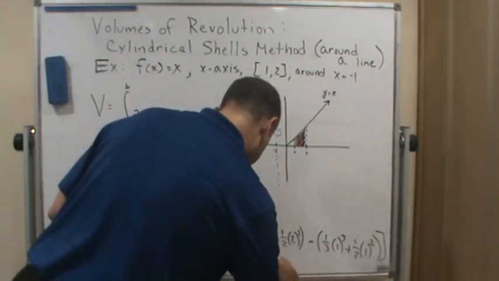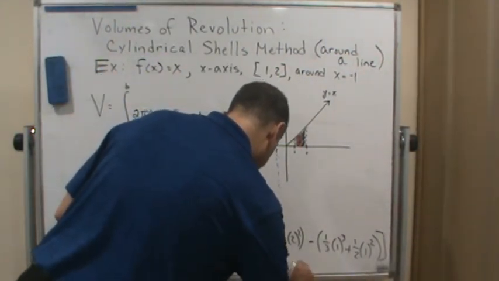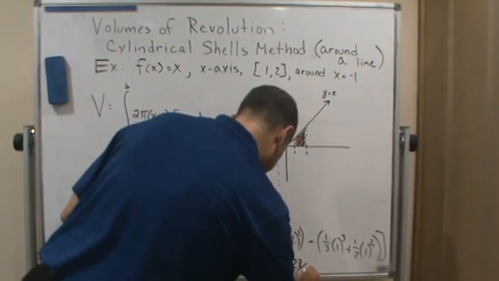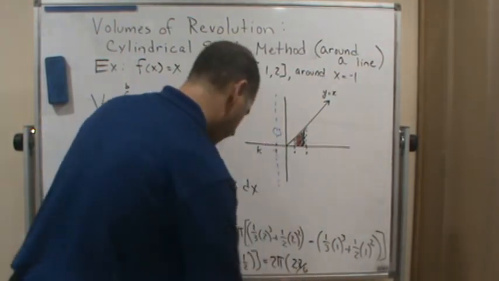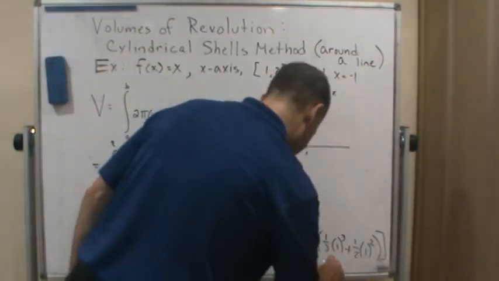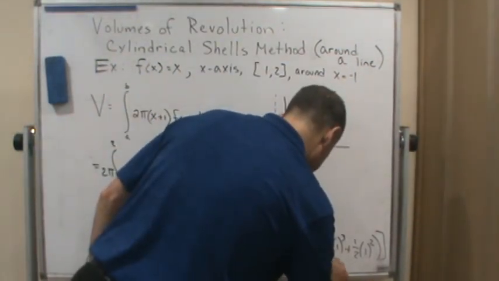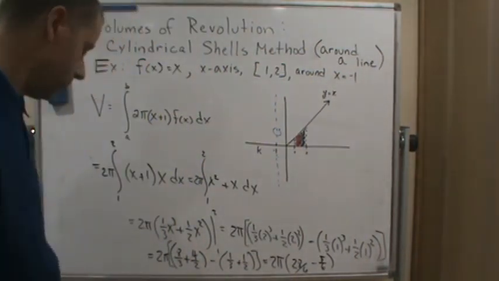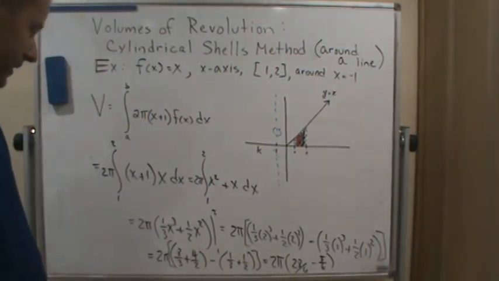So you get 2 pi times 28/6 minus 5/6, which equals 23/6.